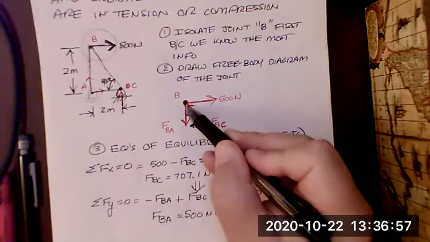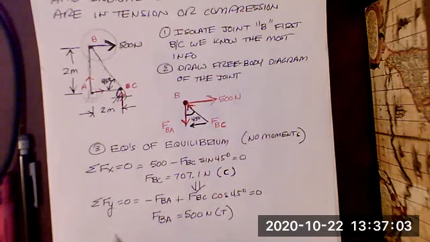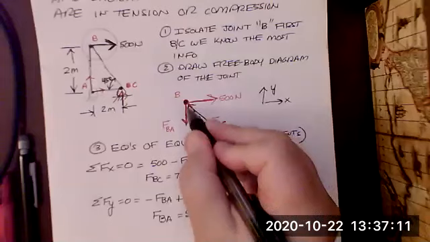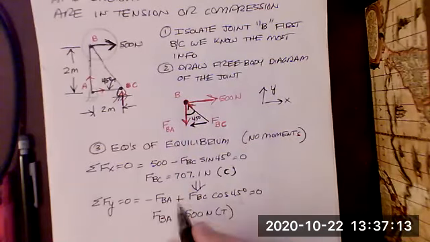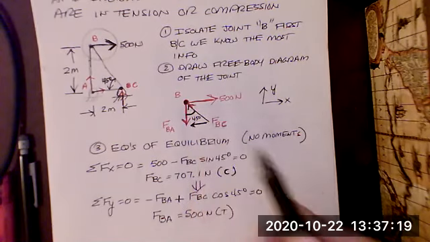What's FBA equal to? This FBA here is this force coming down, a vertical force, because we're doing it in the Y direction. This is the Y direction and this is the X direction. So this is a negative FBA because it's pointing down, plus the vertical leg of this force is going up.